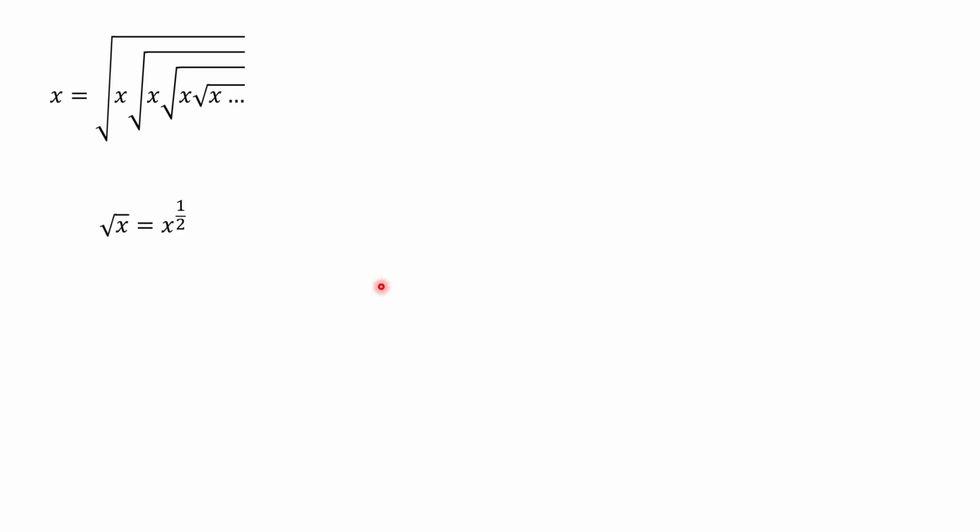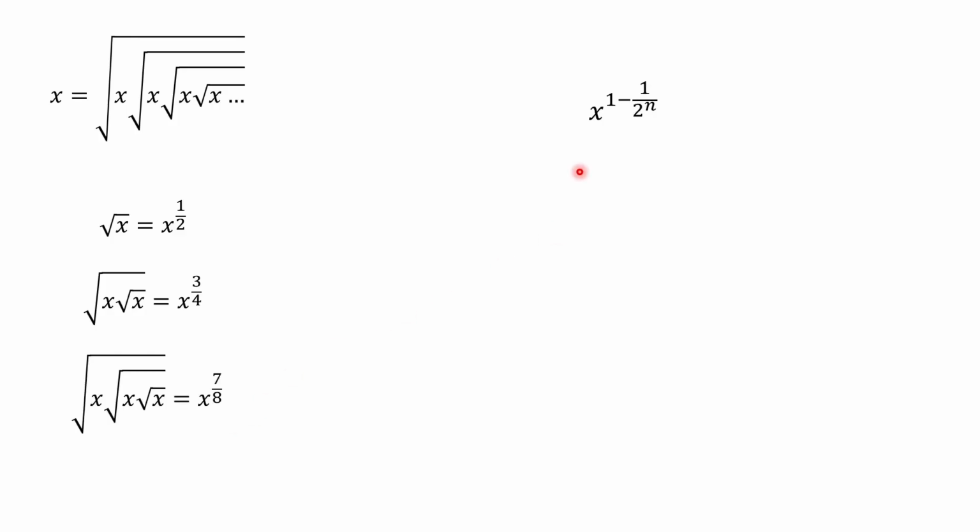And then I thought of another way of doing this as well, which is also a very clean way of doing it, which is if we look at the pattern: if we have one nested radical, just root x, then that's equal to x to the half. If you have 2, it's x to the 3 over 4, and 3 of them is x to the 7 over 8. We can then make a sequence where n is the number of nested square roots.